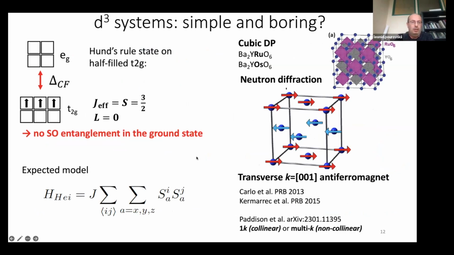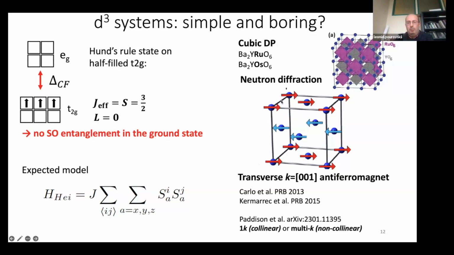The point is that we have the Hund's rule state for the d3 filled t2g shell. We have only spin in this case within the ground state multiplet, and the orbital moment is 0. Then the expected model would be just something like that if we forget about spin orbit coupling: just a Heisenberg model, which is gapless.